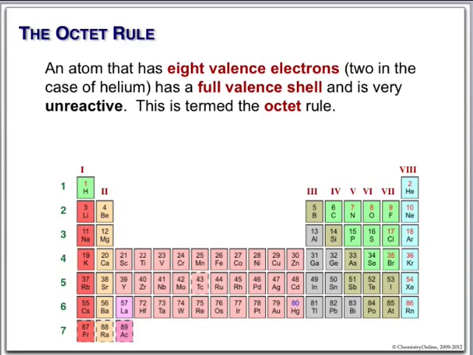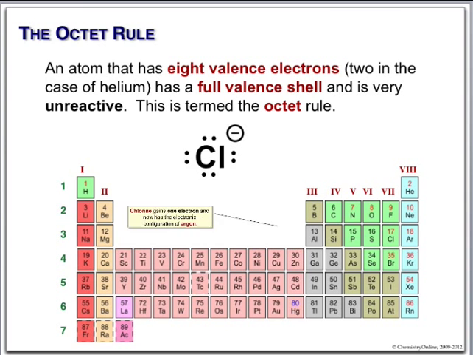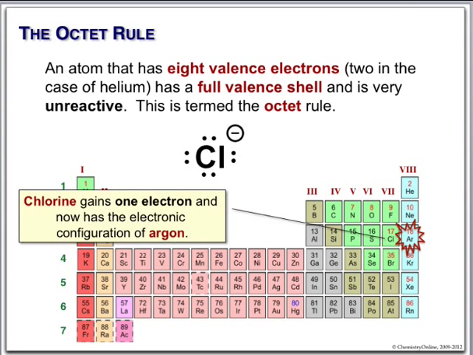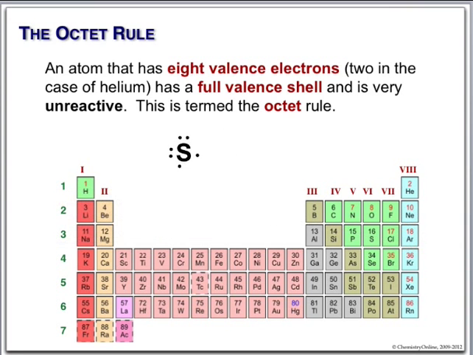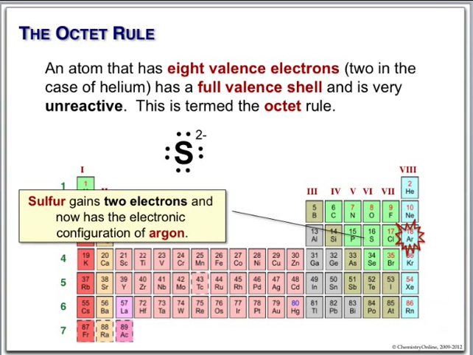When you form bonds, these atoms are trying desperately to get 8 electrons. That makes them just like the inert gases. We started with chlorine, made chloride. We went from here to the inert gas argon. We did sulfur, added 2 electrons, gave it an octet. We went from sulfur, again, over to argon.